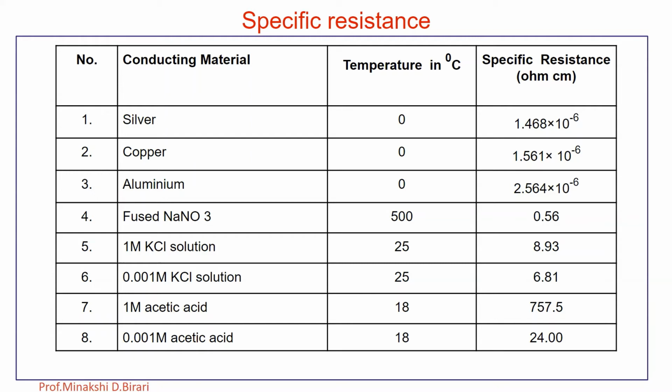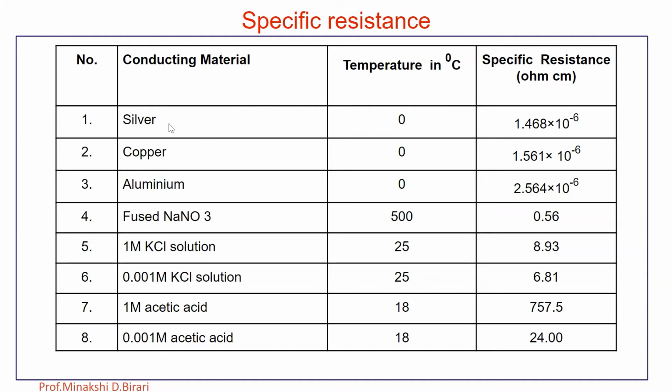A strong electrolyte dissociates almost completely in dilute solution, whereas a weak electrolyte dissociates partially in such a solution, and a strong electrolyte conducts electricity better as compared to a weak electrolyte.